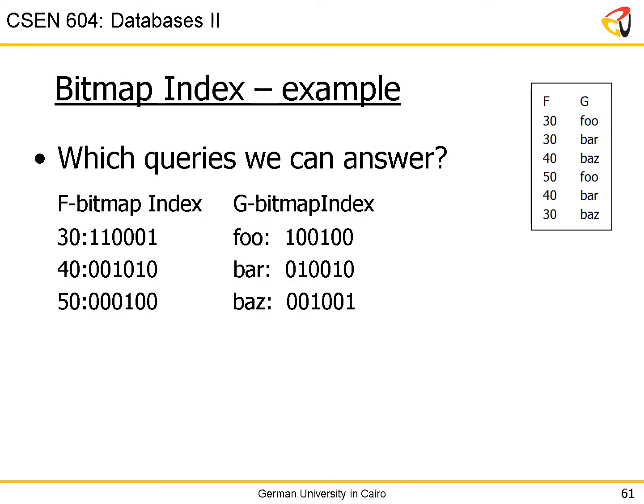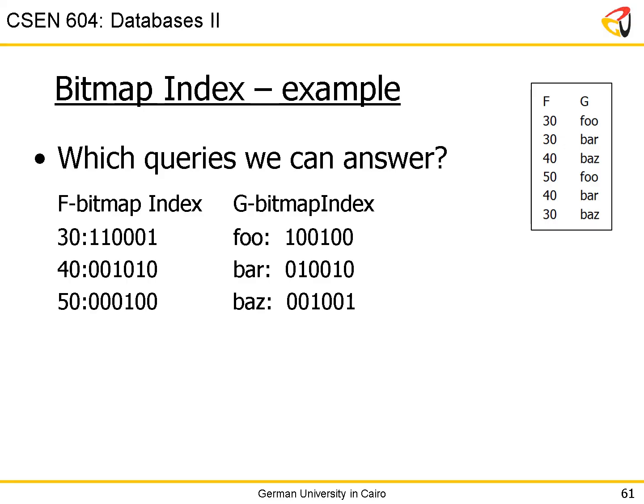Now, let's think a little bit more. Can we answer range queries? Can I say select star from where f is less than 50? Well, if I have the entries sorted, I'm going to get all the bitmaps for all the values less than 50, and I'm just going to OR them. Let me give you a second to think.